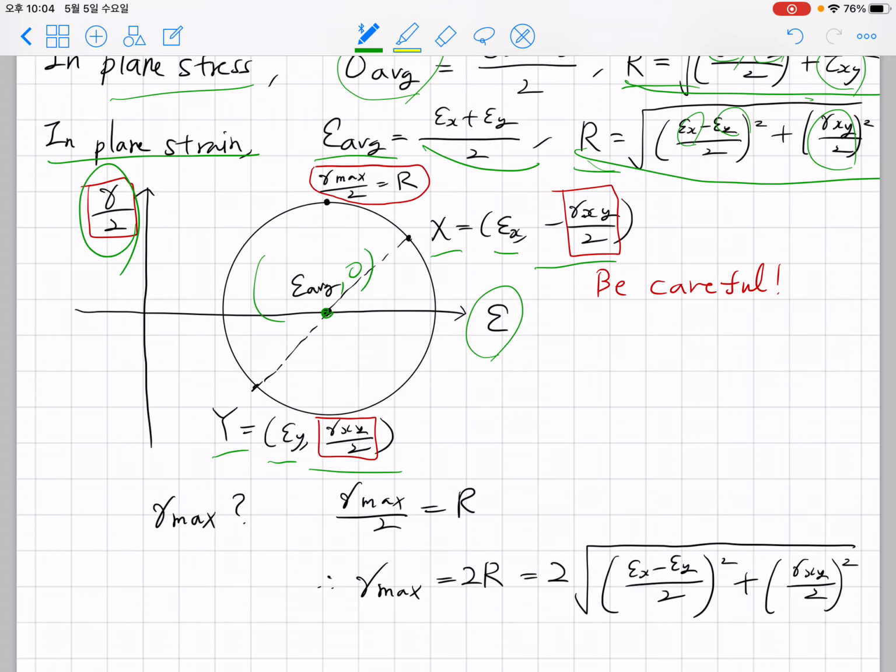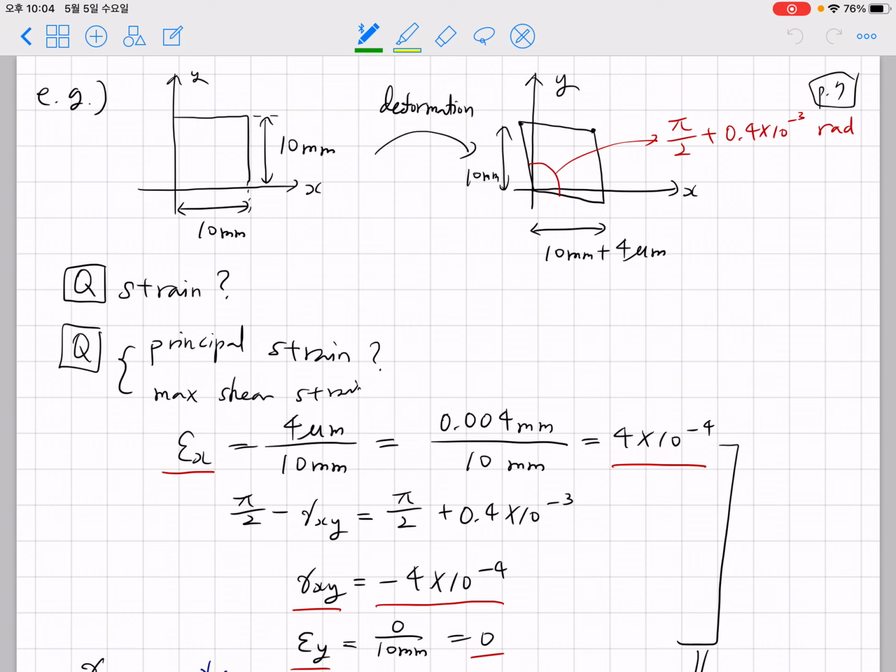The maximum shear strain is given at this point: the maximum reading of gamma over 2 is the top of this circle, which is r. So you can obtain the maximum shearing strain as 2 times the radius, and 2 times the radius is given as this. This is how you construct and utilize the Mohr circle for plane strain problem.